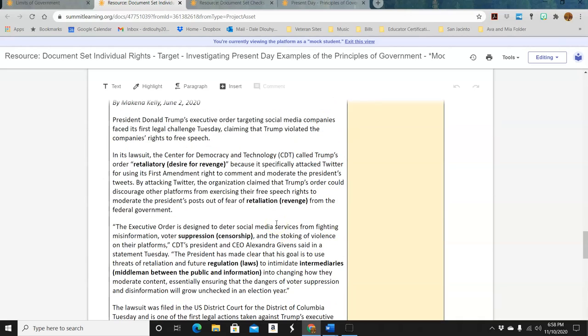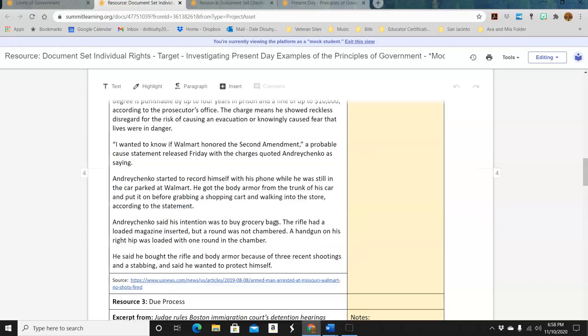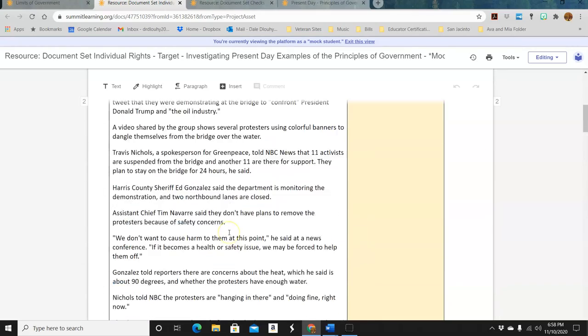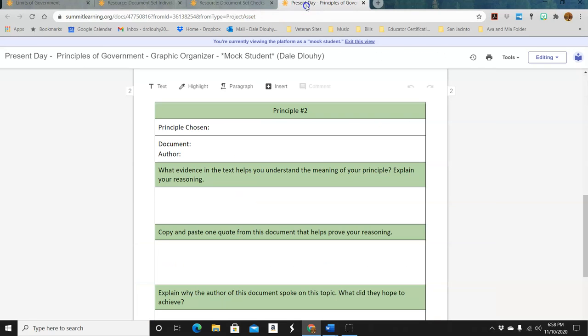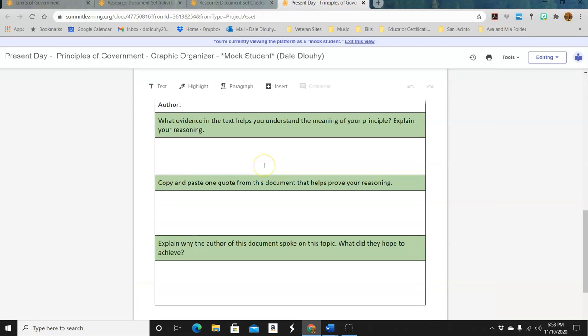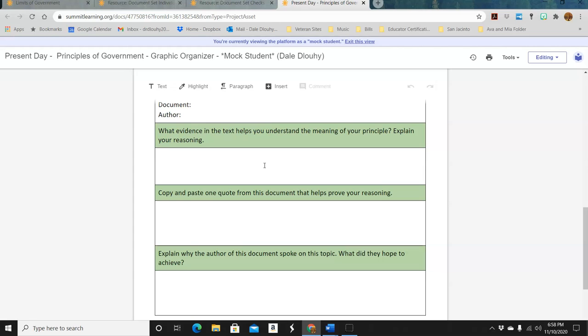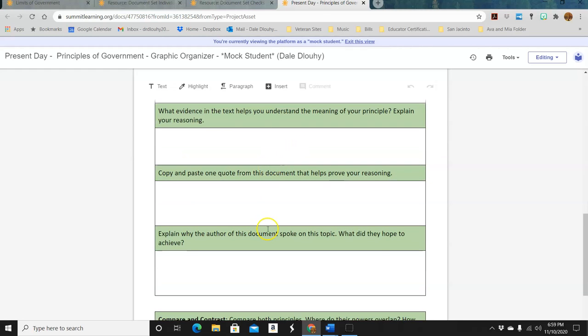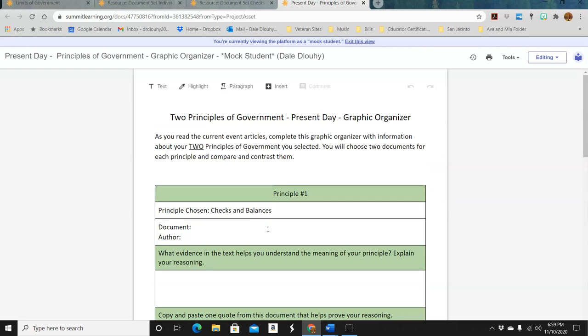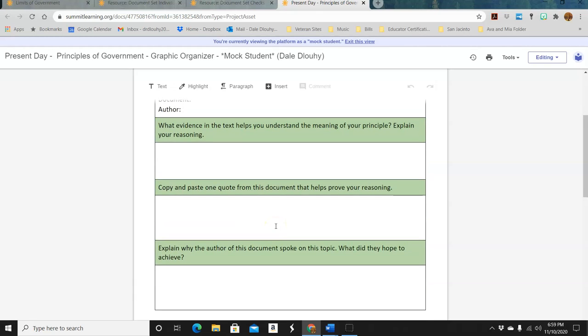Okay, guys, so there are a lot of great resources here to use. I'm not going to direct you to any particular one. You choose one. And if you go to your document set, not your document set, but your graphic organizer, go ahead and complete this. If you notice, there's one less box for each of the principles. So you fill in information. Principle 1 would be a paragraph, which is checks and balances.